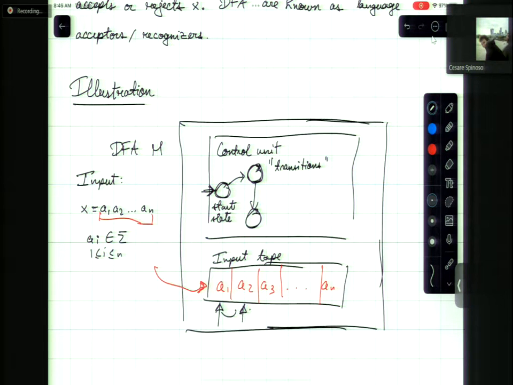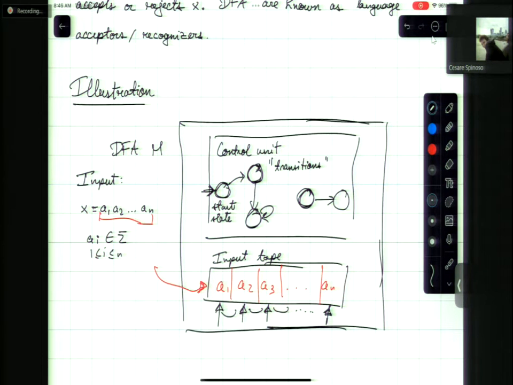So now I can move my pointer to A3, and I keep going, right? And so this process keeps going. Maybe at A3, there's a self loop here, and so I remain in the same state. Okay, and then I go to A4, and I keep doing this until I get to the last symbol. Once I'm at the last symbol, I'm in my before-last state, and I'm reading the last symbol. Then I read the last symbol based on the state where I am, and I transition to a final state.